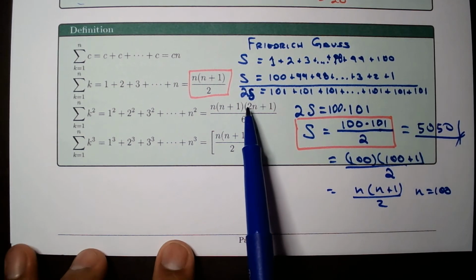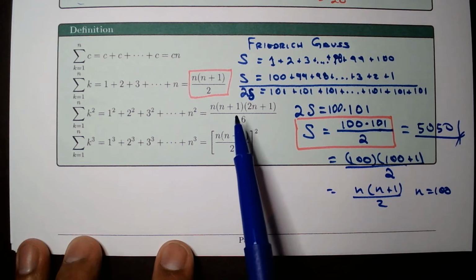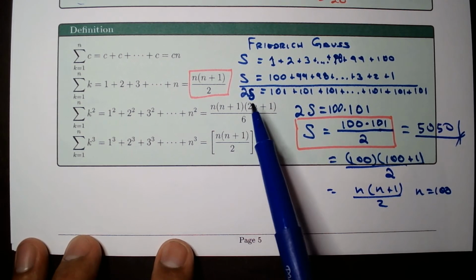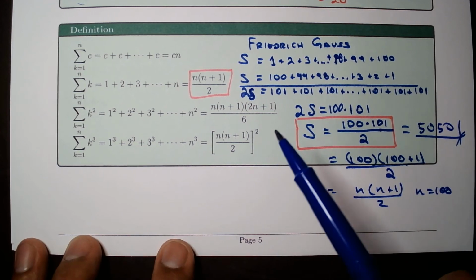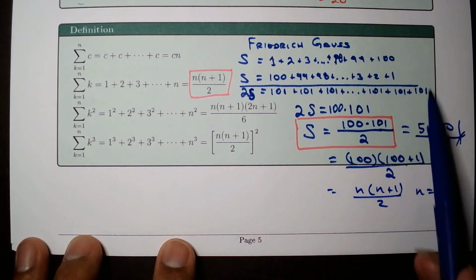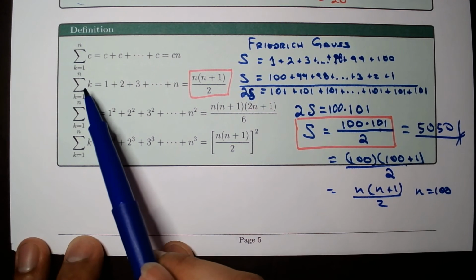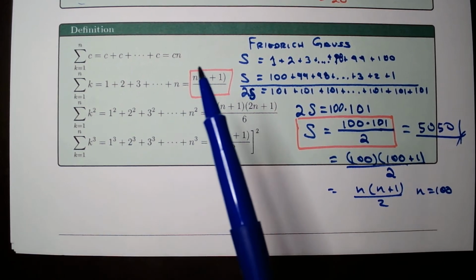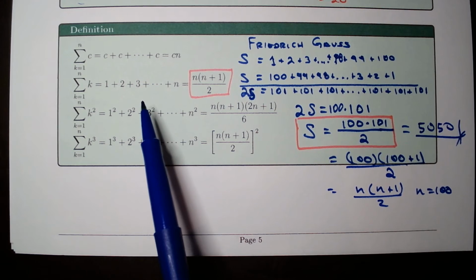There might be other stories about the rest of the formulas. It's not the purpose to prove them all or show the origin of them all, but I think this one is the most representative. It's the sum of all integers.